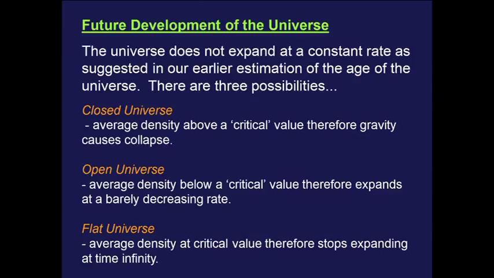And the flat universe is the theory that it will come out and finally stop expanding and then just get to some value of final size, and that's where it will stay. But as yet, nobody really knows what's going to happen.